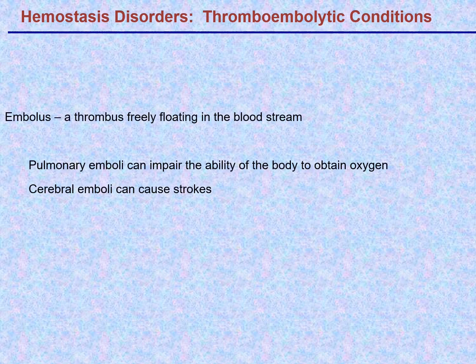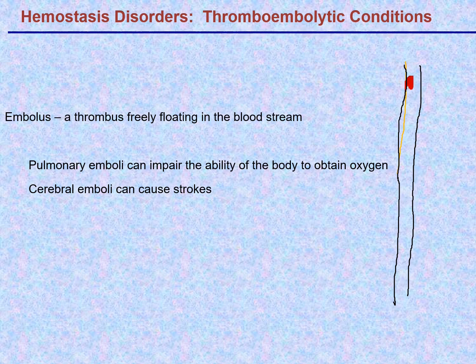Now, a really serious problem, much more serious than just thrombus formation: let's draw a blood vessel like this. You have a blood vessel, and for some reason, because of some chronic disease problem, you get a thrombus forming.